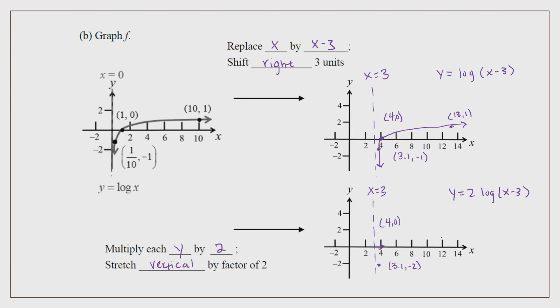And then our point 13, 1 is now going to be 13, 2. Okay. So that is our graph for the function 2 log of x minus 3.